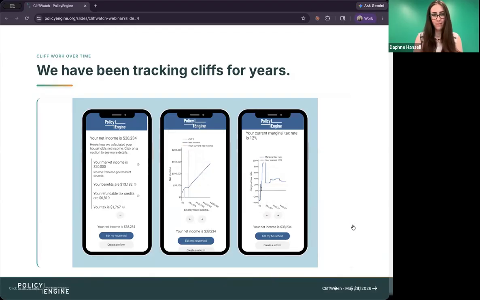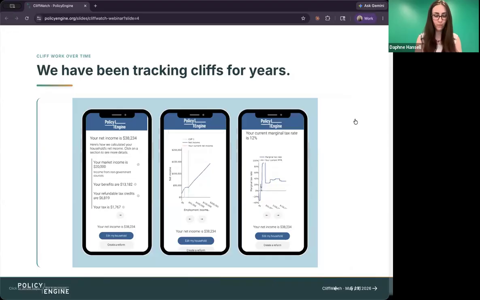Here you can see there's a place right around $50,000 in that middle panel where this person was experiencing a small cliff. Marginal tax rates are the flip side of this. How much do you take home after taxes and transfers on that extra dollar? The marginal tax rate is basically 100% minus that level.